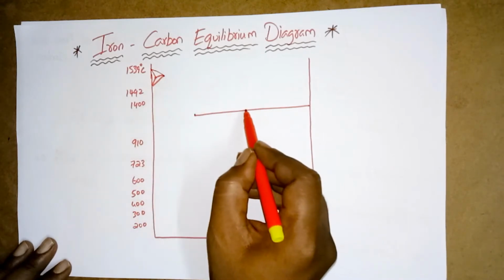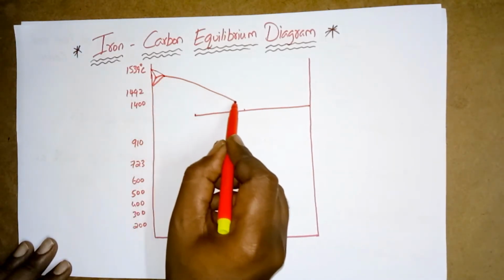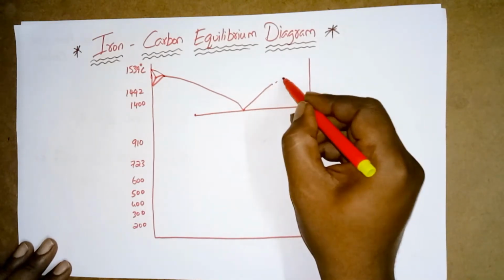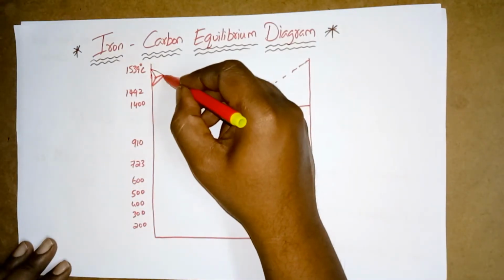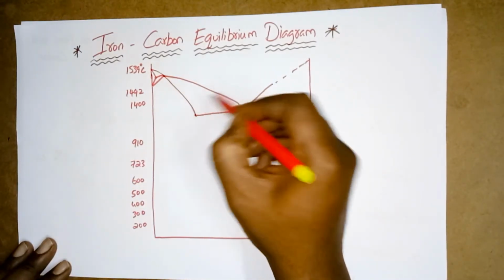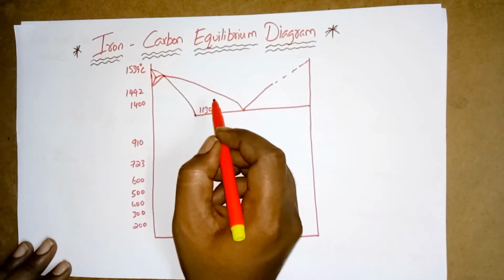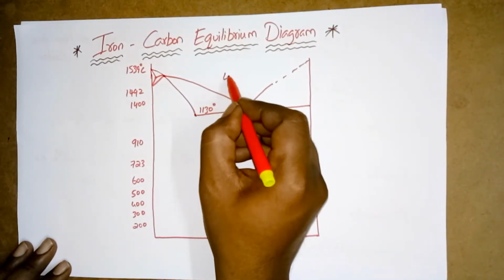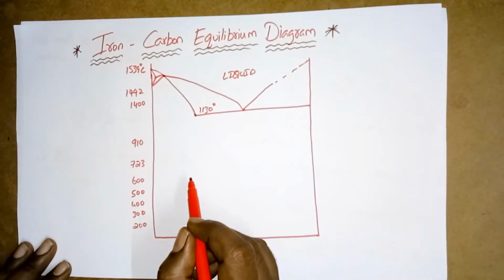Here we'll show how the graph is falling down. What is the temperature here? It is 1130 degrees centigrade. So here it is liquid.